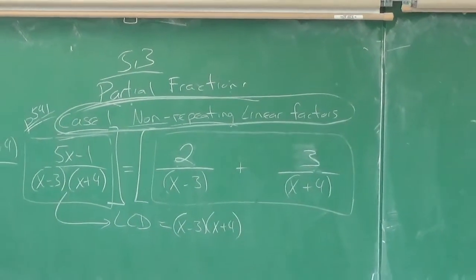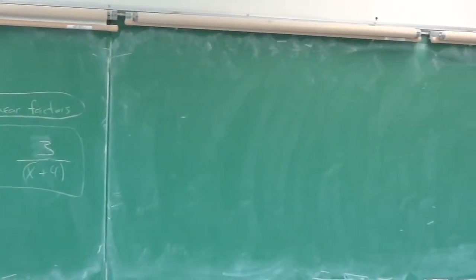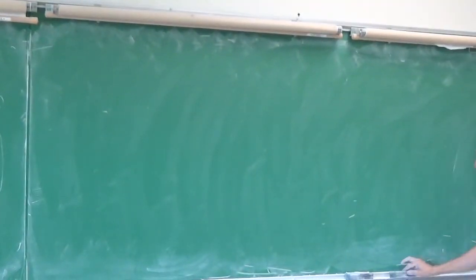All right, so the next case is repeating linear factors. And that one is explained nicely on page 544.